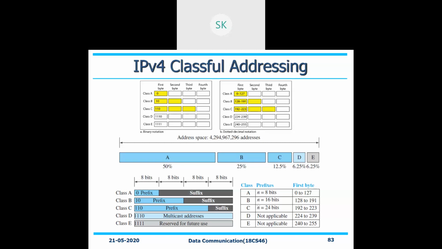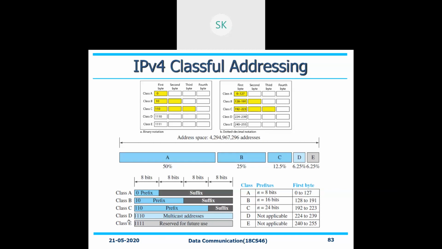With respect to your classes, class A will be of 8-bit length. Class B will be of 16-bit length. For class C, the network ID will take 24-bit length. Whereas for class D, the entire thing will be reserved for multicast addressing. For class E, the entire thing is reserved for future use.